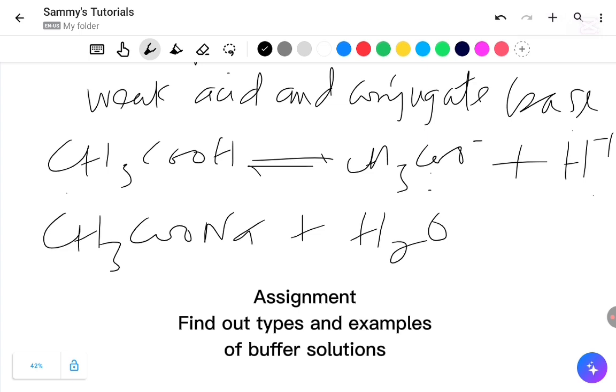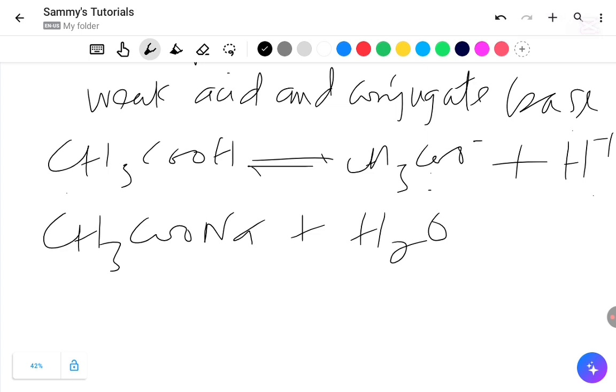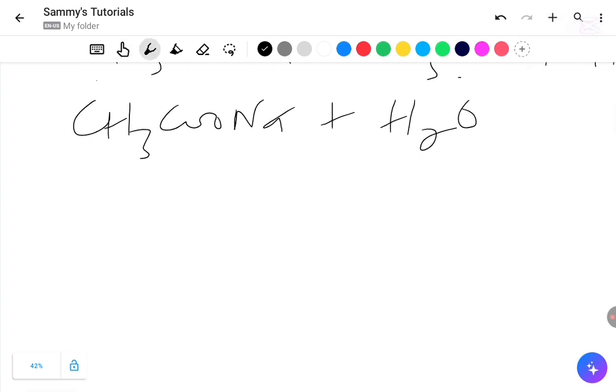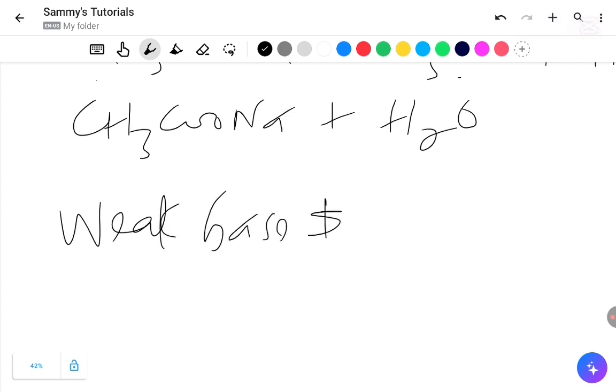Okay, so another component of buffer is a weak base and its conjugate acid. Examples of a weak base and its conjugate acid are: weak base and, what is it? Conjugate acid.